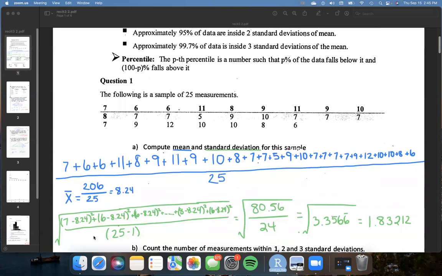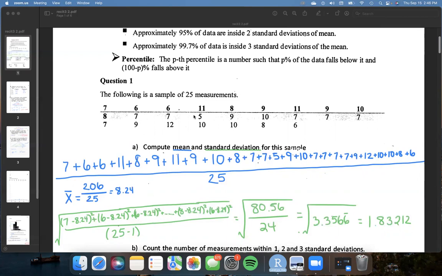So when you do it by hand, it should look like this. So we're just going to go down the line. So we'll take 7 minus 8.24, which is our mean. We're going to square it, and then we're going to go to the next data point, which is 6. So 6 minus 8.24 squared plus 6 minus 8.24 squared.